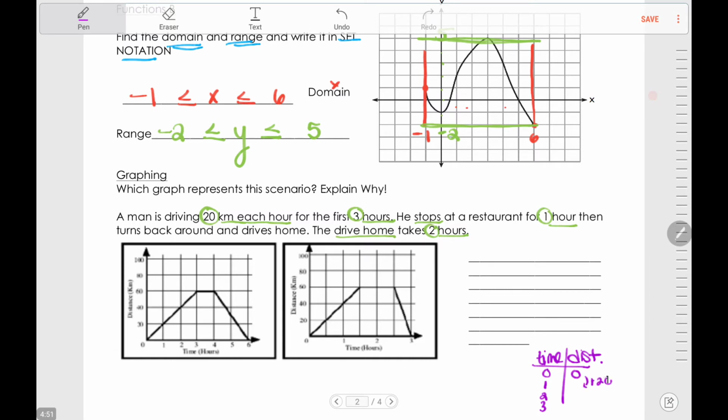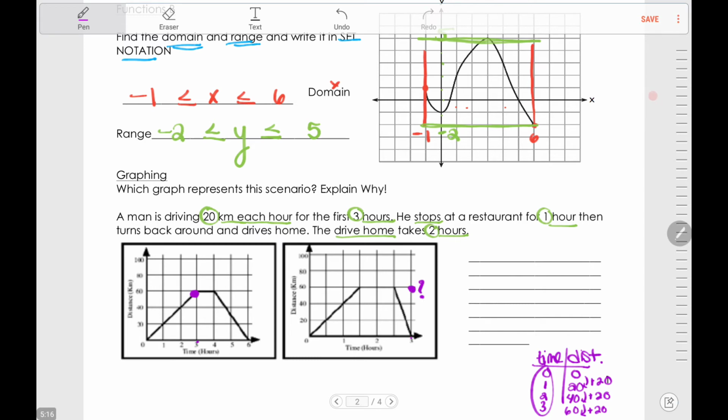So 20 plus 20 plus 20. So that means 20 for the first, 40 for the second, 60 for the third. So I'm looking at 3 hours. He's at 60. So 3 hours, he's at 60.